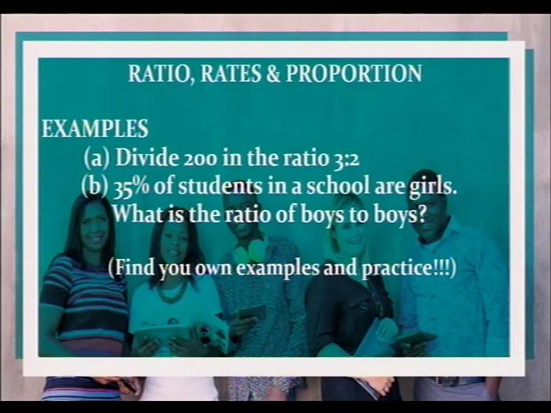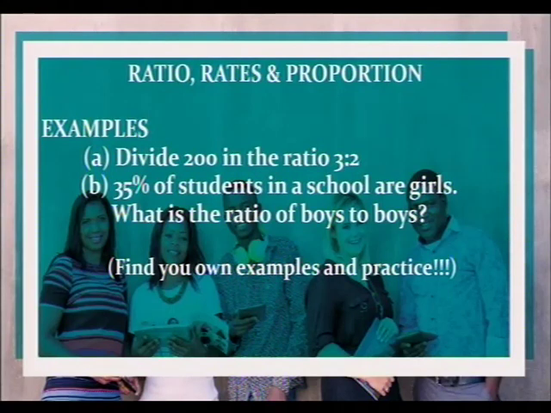Okay, there's also a question on ratio, rates, and proportion. For example, I can ask you to divide 200 in the ratio of 3 to 2. Quickly, because in the past, these are some of the questions that have been troubling us.